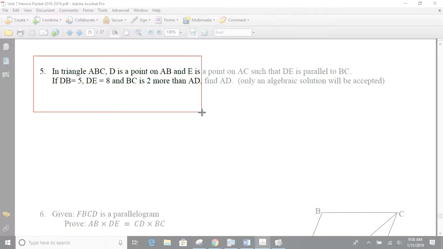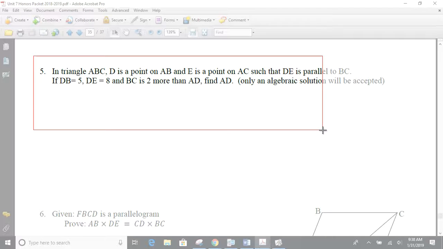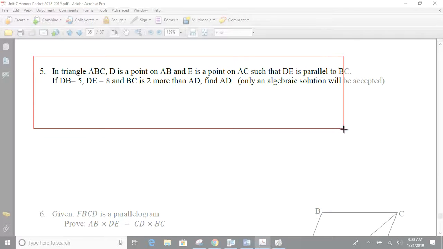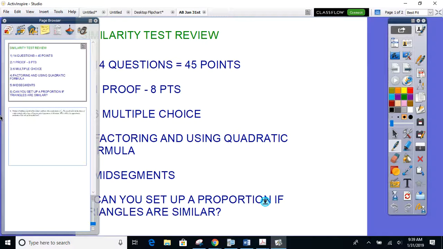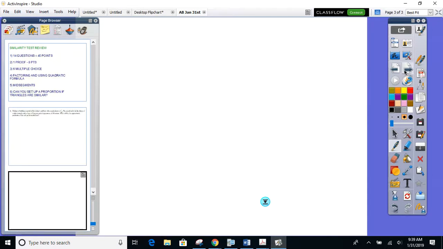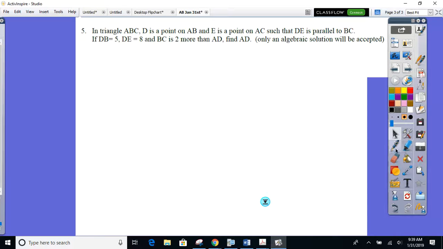Actually, I don't know if this is 5 or not because the two packets are... Which one is this one? 3? Number 3, everybody. Go ahead, get it set up. Draw your diagram.